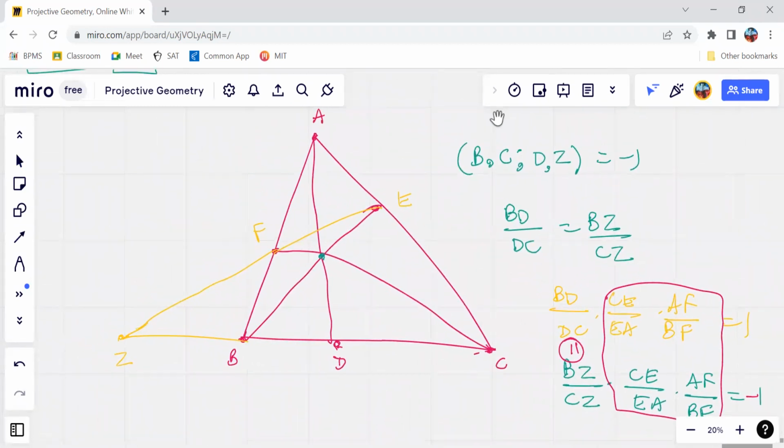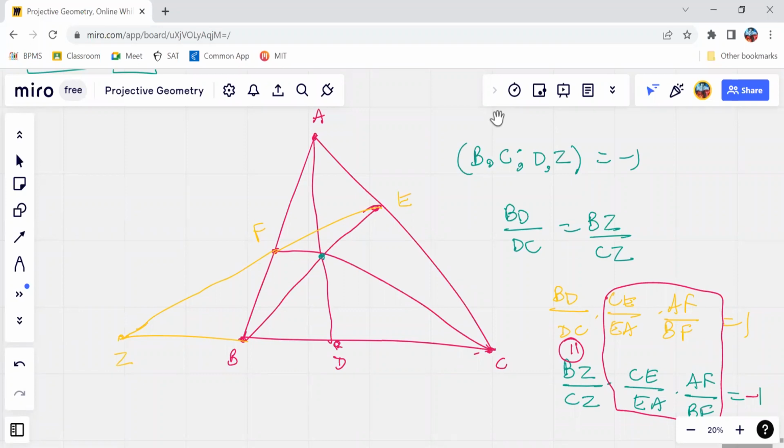And like try to get a purely projective solution. Can you get a what? Purely projective solution. Purely projective condition for this to happen. Like we show that (B, C; D, Z) is equal to -1.